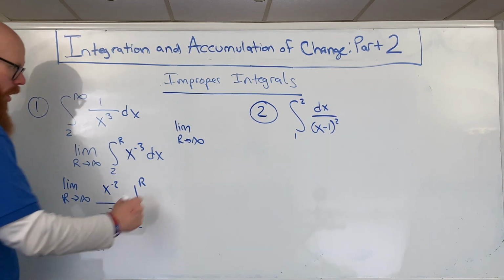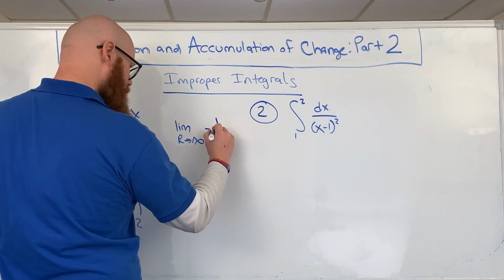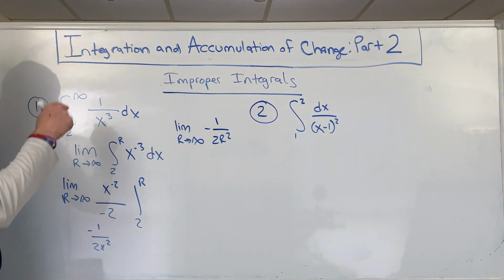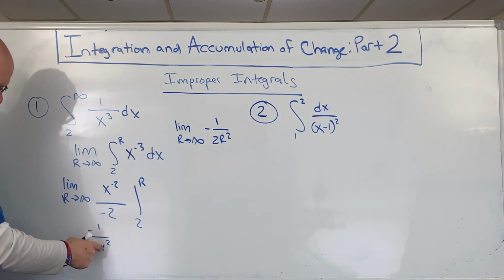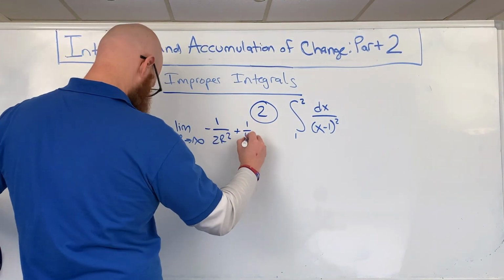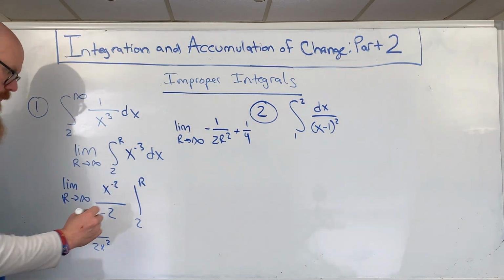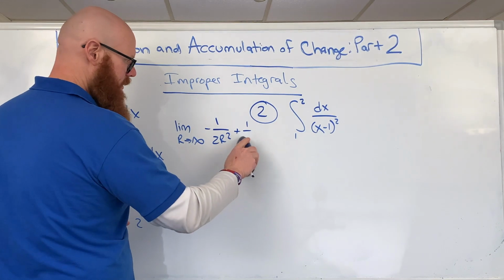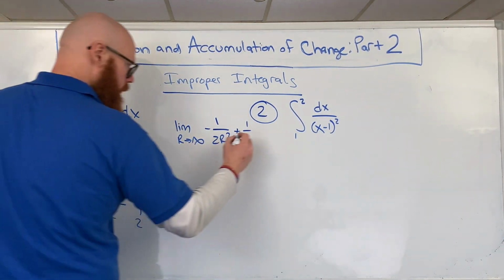If I plug in r, I get -1 over 2r squared minus f of b minus f of a. When I plug in 2, 2 squared is 4, so it's -1/4, so it's like +1/4. Nope, that's 1/8. 2 squared is 4, and 4 times 2 is 8.